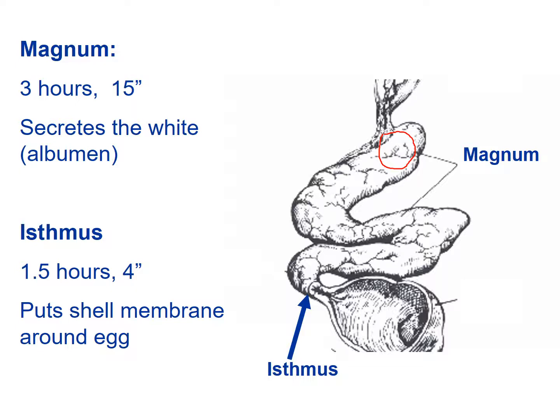The magnum secretes most of the albumin around the egg, remains there for about 3 hours as it travels through here. And then it gets to the isthmus. At the isthmus, the shell membrane, just the slight membrane there, is put around the egg. Takes about 1.5 hours.